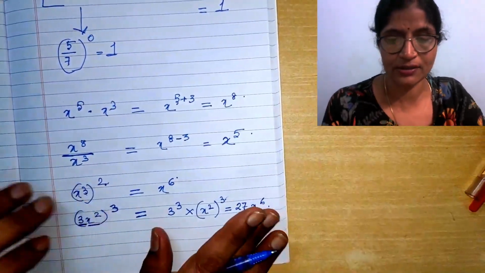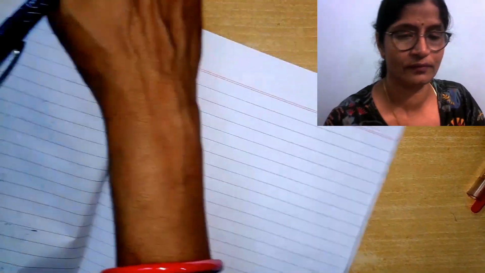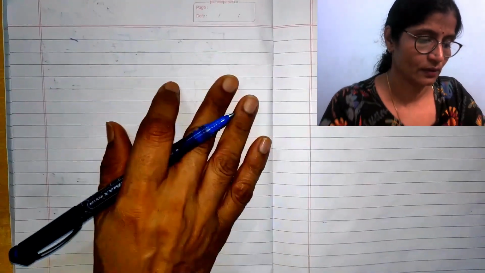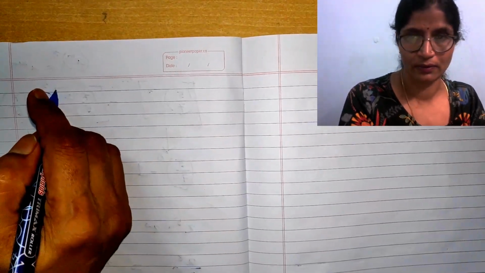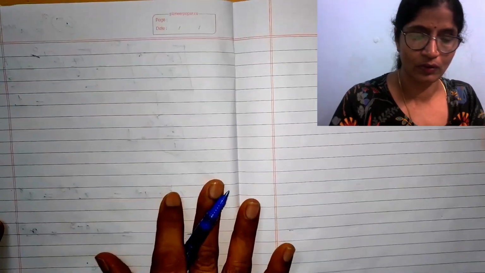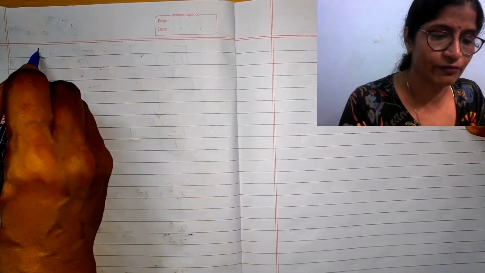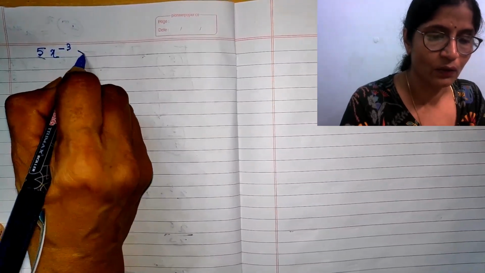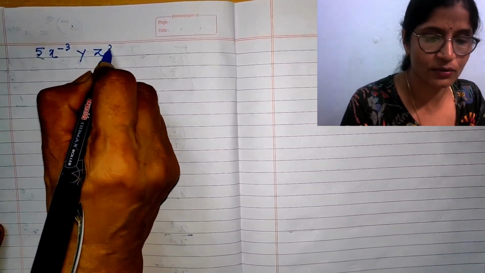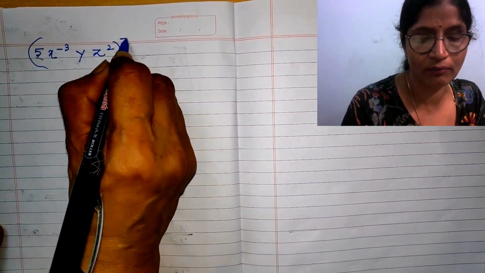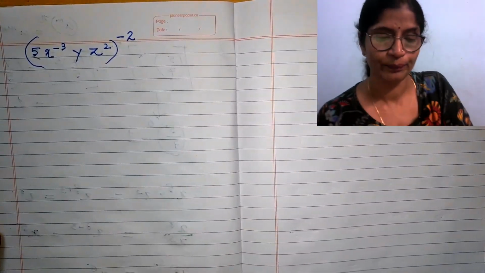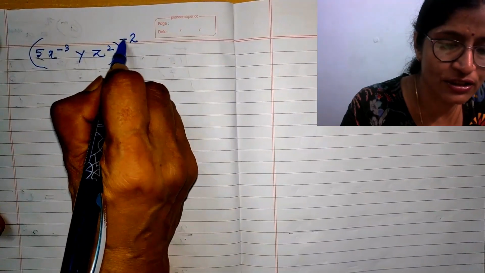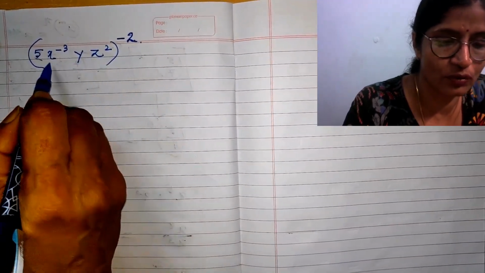Now next sum is 5x to the power minus 3 y z square whole to the power minus 2. Okay, it means this minus 2 power is there.